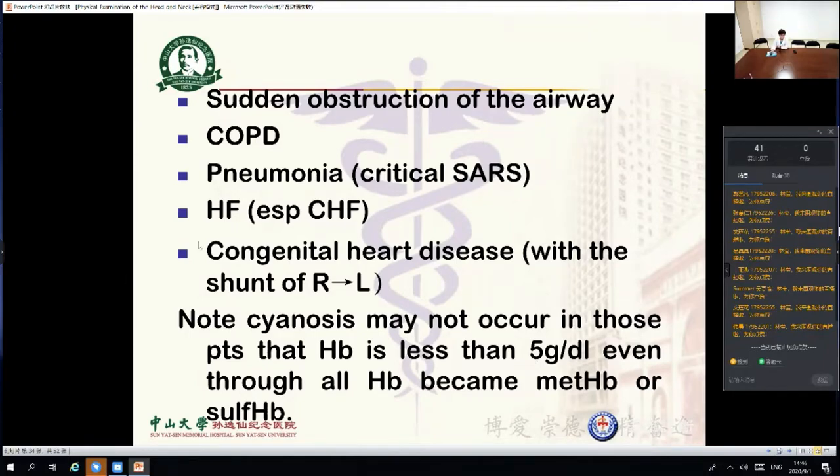This kind of patient may not have the bluish color to show the cyanosis because they are suffering anemia. Okay, so if the patient is suffering anemia, they may not have a chance to show the cyanosis, even though they are suffering this kind of clinical situation. So cyanosis is the key point.